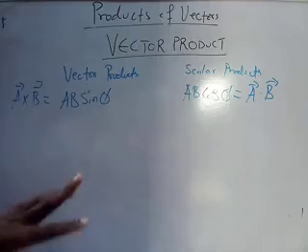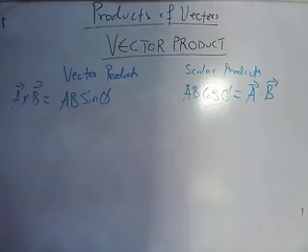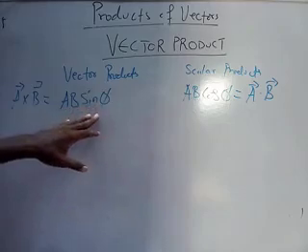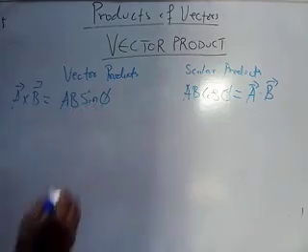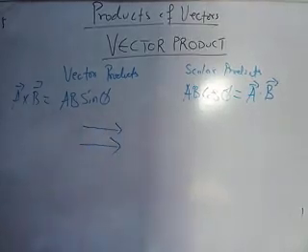To see the contrast between these two expressions, imagine that we vary the angle between vector A and vector B while keeping their magnitudes constant. When vector A and vector B are parallel, the magnitude of the vector product will be what? 0. What does it mean that they are parallel? It means the angle between them is 0.